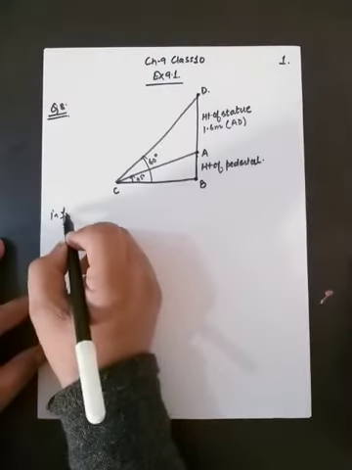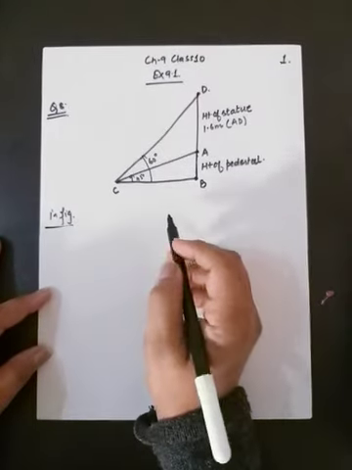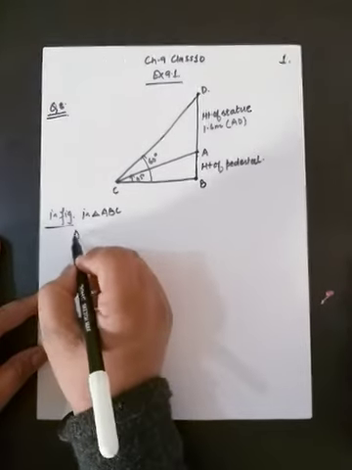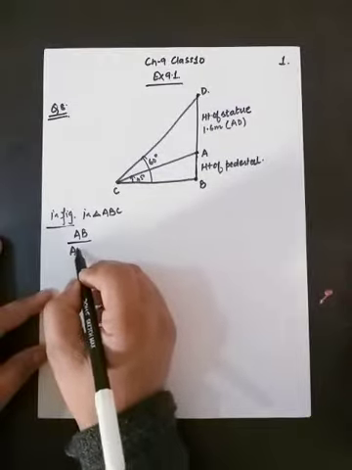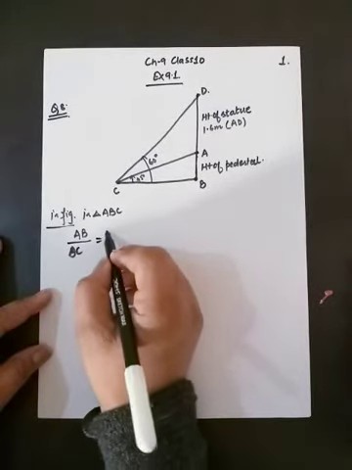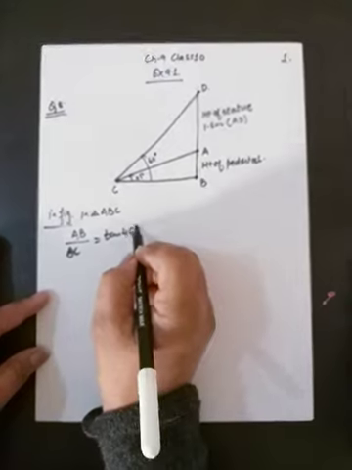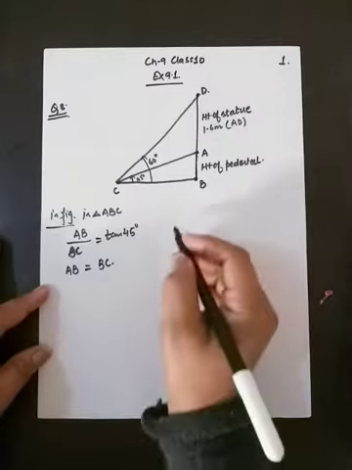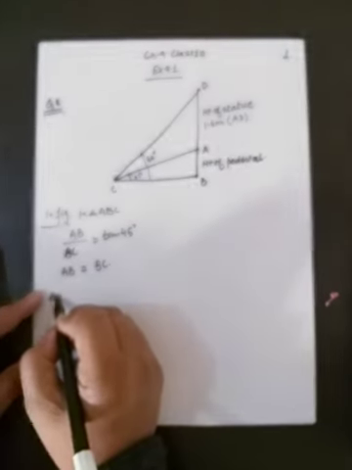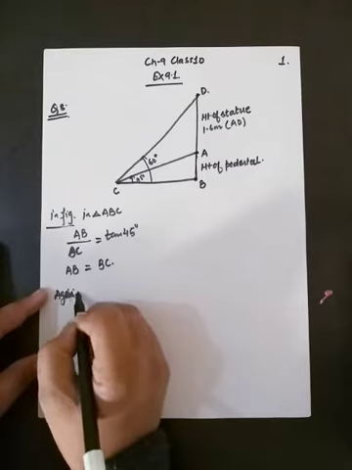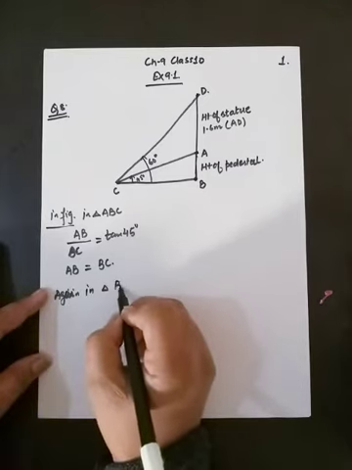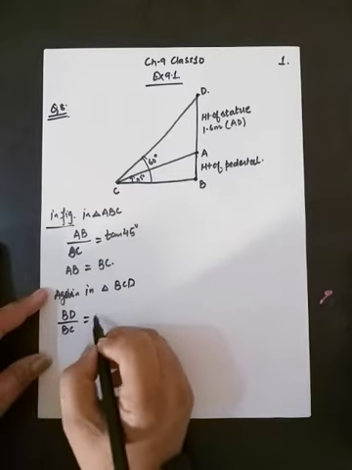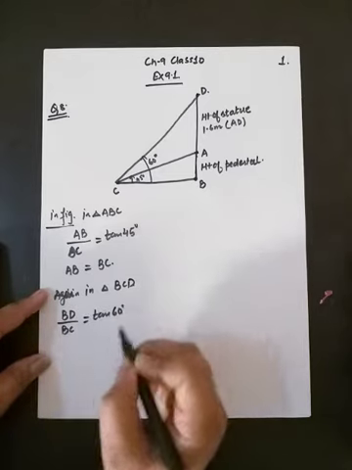So in the figure, again we can take two triangles. In triangle ABC, AB by BC is equal to tangent 45 degree, and we get AB is equal to BC. Again, in triangle BCD, BD by BC is equal to tangent 60 degree.